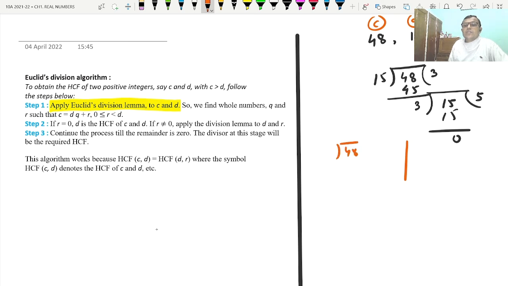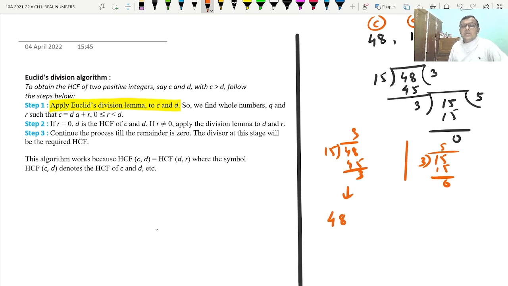One is 48 divided by 15, that is 3 times, 45, remainder is 3. One division. Another is 15 divided by 3, 5 times, 15, remainder 0. Two steps are there or not?